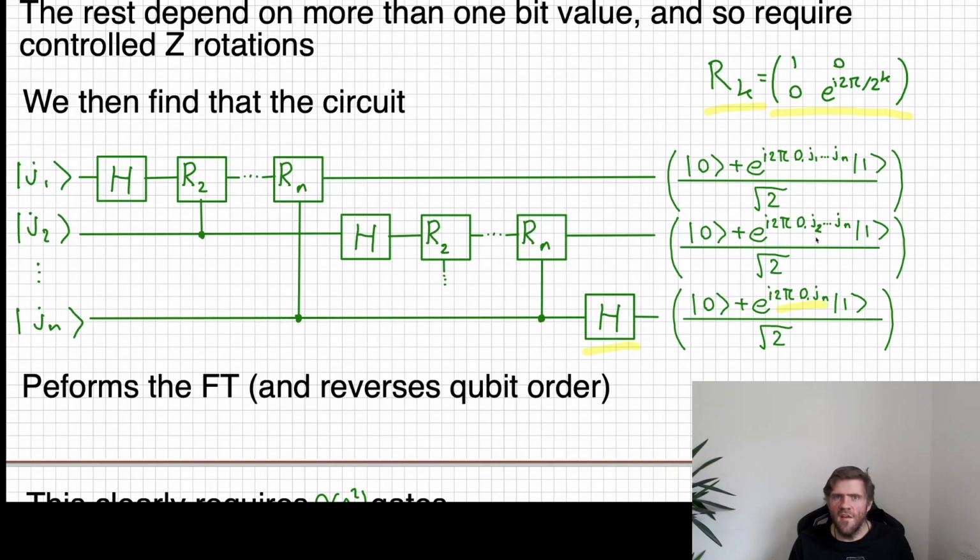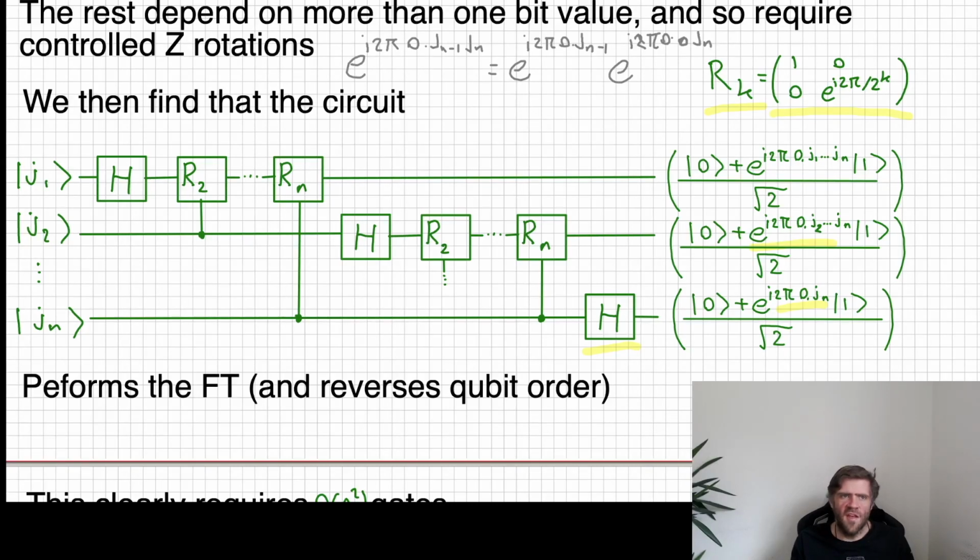And then similarly, we just use controlled rotations to build up these phases, because each of these can be thought of as, in this case, an e to the I 2 pi 0.jn minus 1 jn, which is equal to e to the I 2 pi 0.jn minus 1 times e to the I 2 pi 0.0jn.